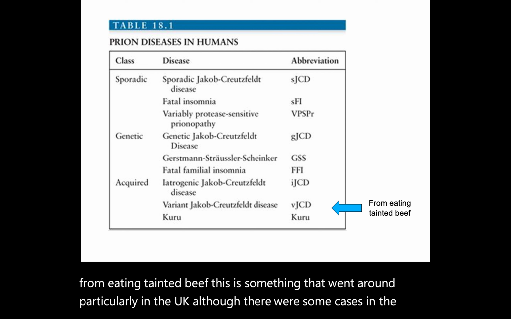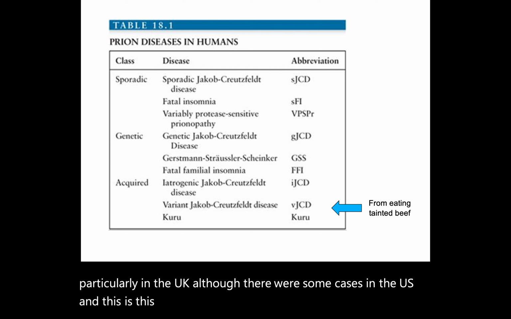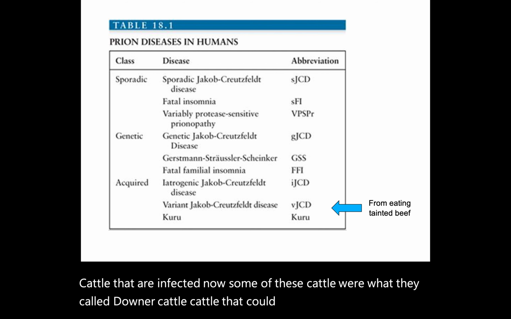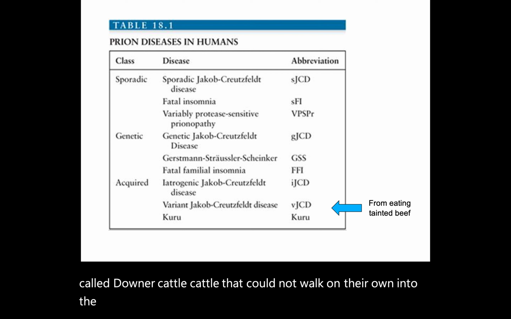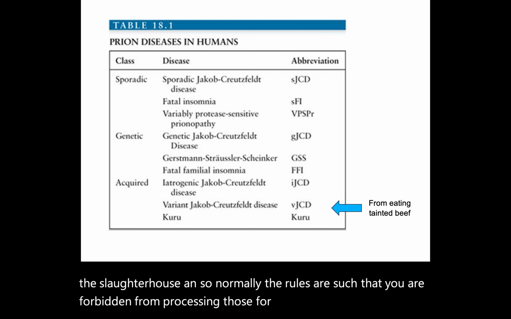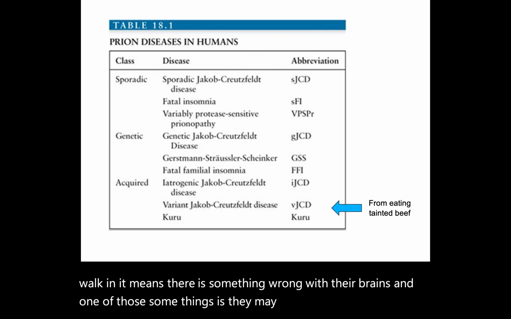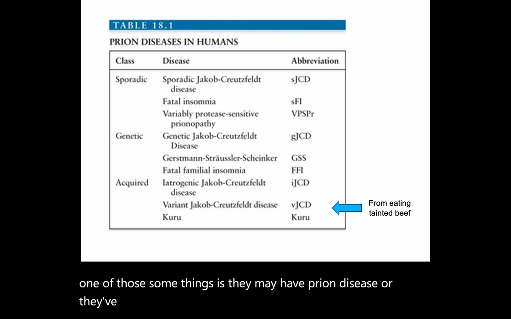And this comes from eating cattle that are infected. Now, some of these cattle were what they called downer cattle, cattle that could not walk on their own into the slaughterhouse. And so normally the rules are such that you are forbidden from processing those for meat, because if they can't walk in, it means there is something wrong with their brains, and one of those somethings is they may have prion disease, or they've got some kind of debilitating disease.